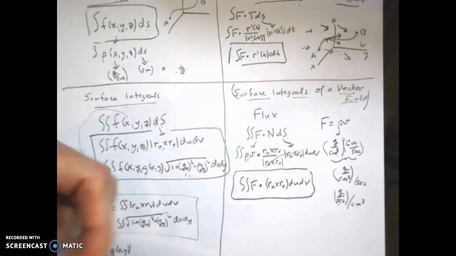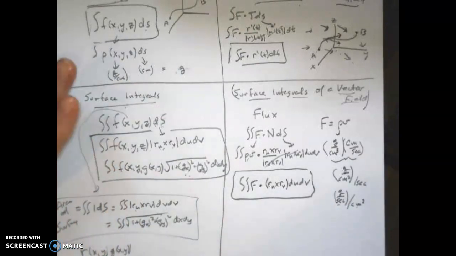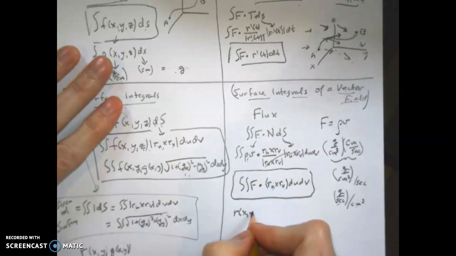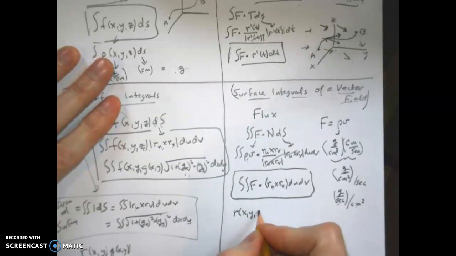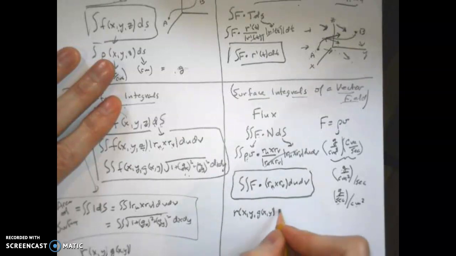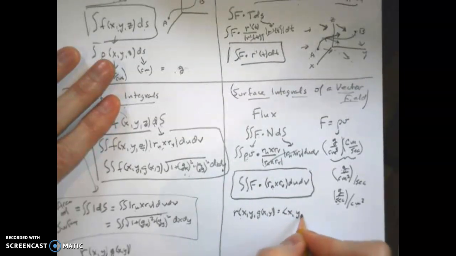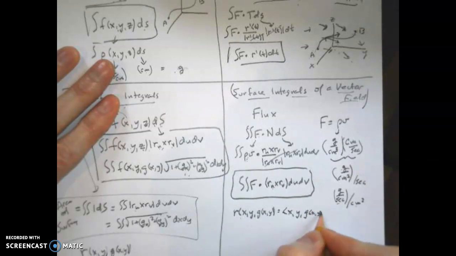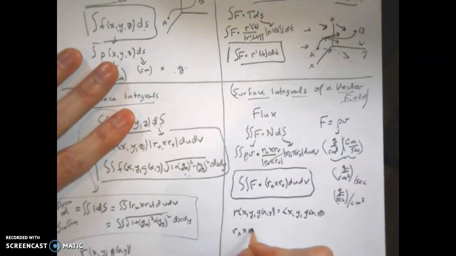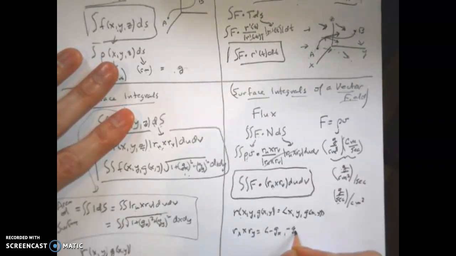Now, there is a simplified version of flux if z is a function of x and y. So let's say you have r of x, y, z, where z is a function of x and y. If you have r defined as x, comma, y, comma, g of x, y, now your cross product r_x crossed with r_y would be negative dg/dx, negative dg/dy, 1.